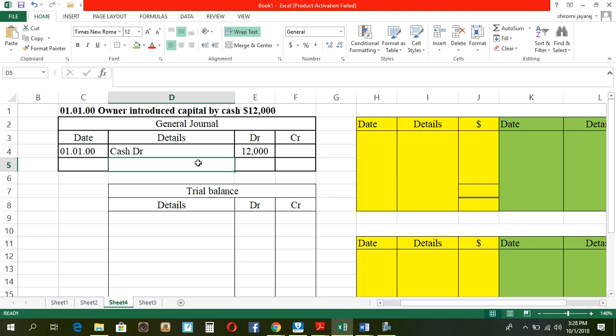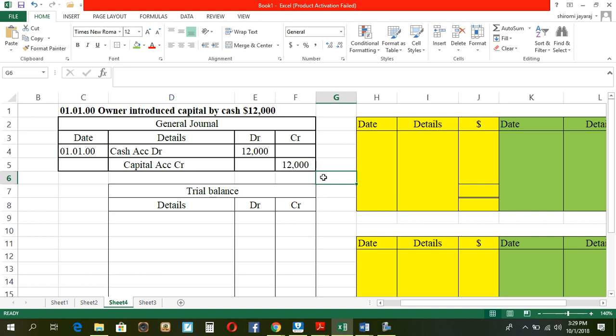And remember, when you're writing the credit entry, you always leave a bit of space. Look at the board, don't look at me. Always leave a little bit of space and write capital account credit. This is an accounting rule. So here you can write cash account. And this is the credit column. Can you see the credit column? So you enter the same value.